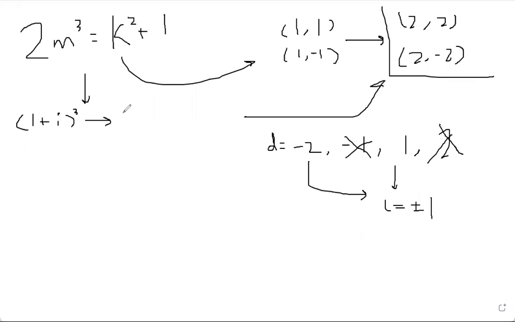What does this give us? Well, it's not too hard to find. This is going to equal 2i times 1 plus i. That's just going to be negative 2 plus 2i. So y equals negative 2 there.